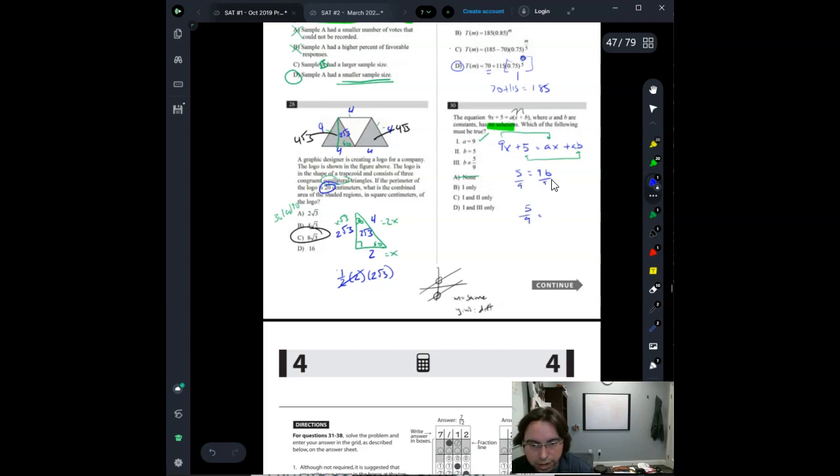And if b is 5/9, then this term of ab is 5, which we can't have. So b cannot equal 5/9. It can be anything else but 5/9, but if it was 5/9, then you'll just have 5 equals 5, and again, we don't want that because that would suggest infinite solutions instead of no solutions. So the answer choice here is D.